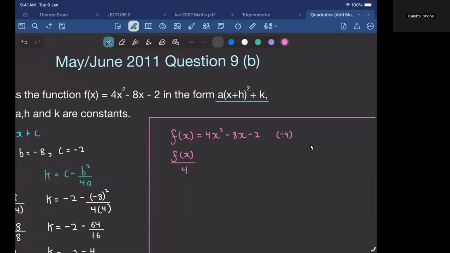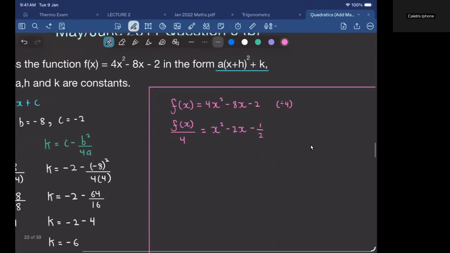What is 4x squared over 4? X squared. Right, and minus 8x over 4? Minus 2x. And minus 2 divided by 4? Minus 2 over 4, that'll be minus a half. Yes, think about it, 2 is half of 4.